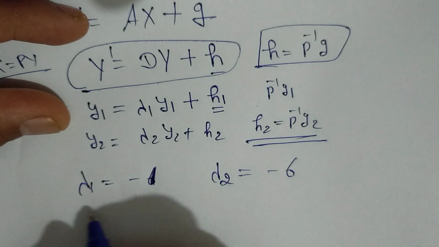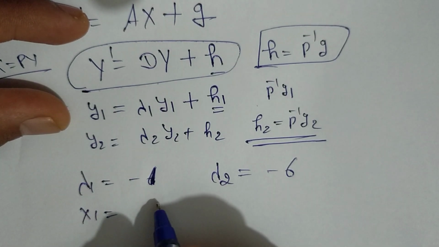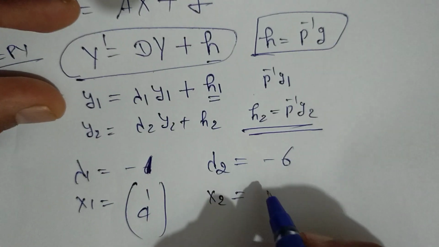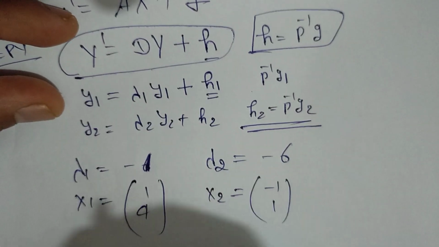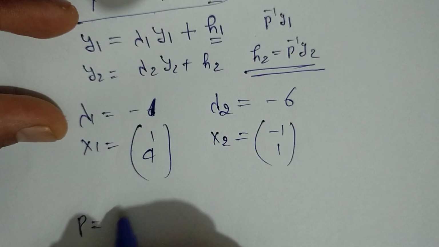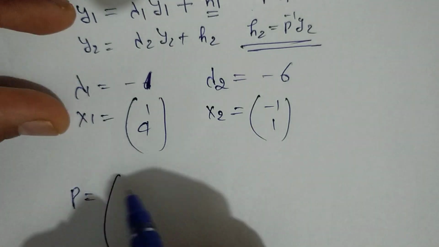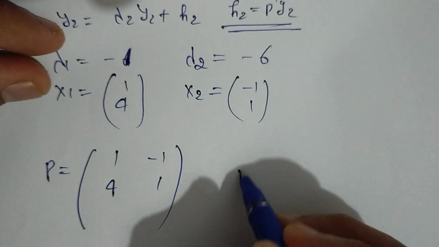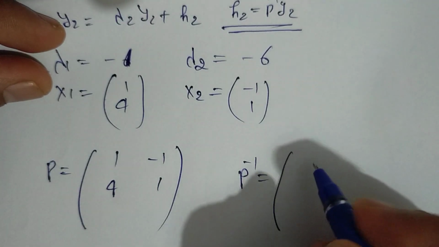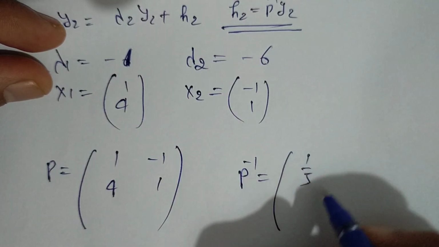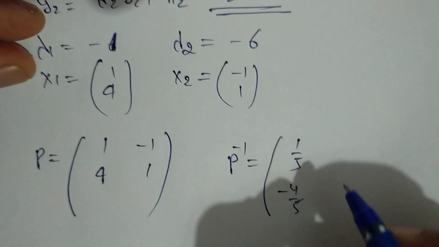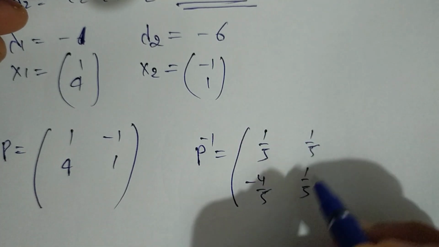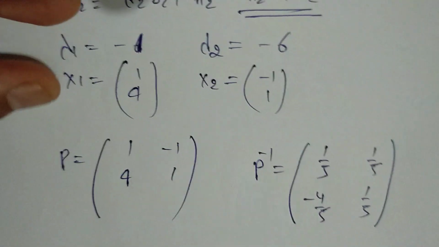The eigenvectors are x1 equal to [1; 4] and x2 equal to [-1; 1]. So your P matrix will be [1 -1; 4 1]. We need P inverse here, so P inverse is 1 by 5 times [1 1; -4 1]. So this is your P inverse matrix.